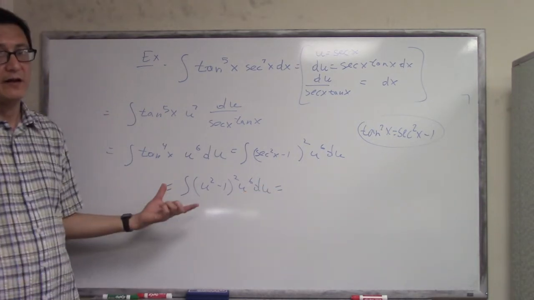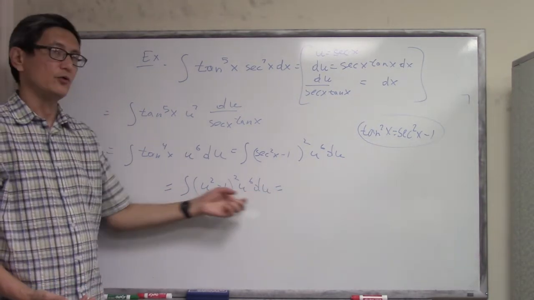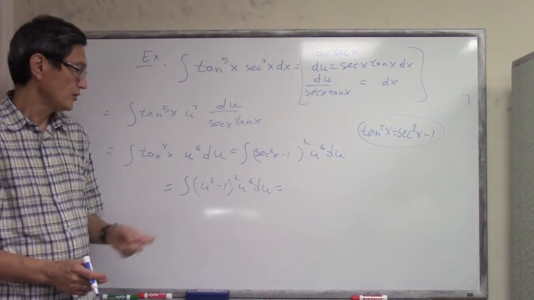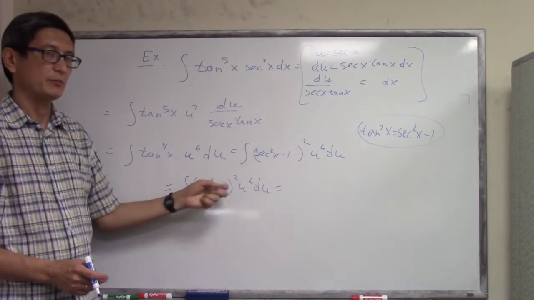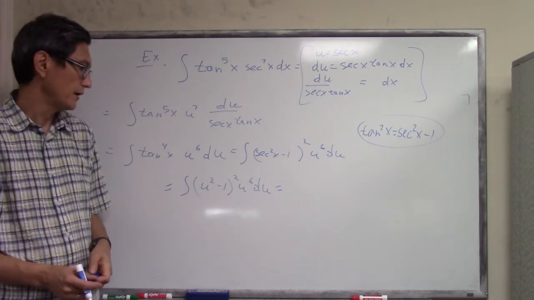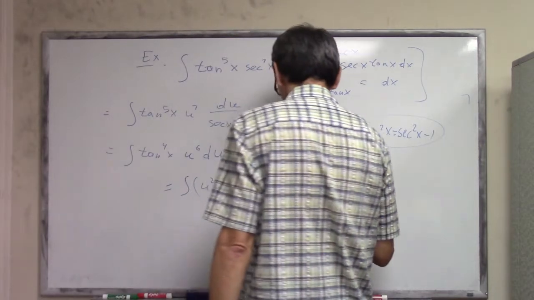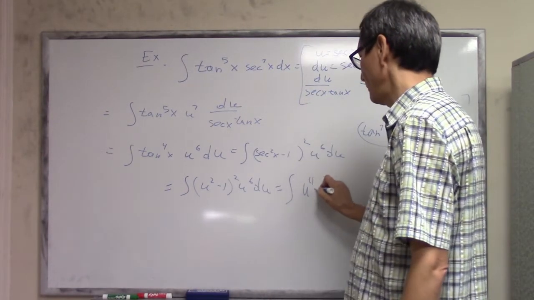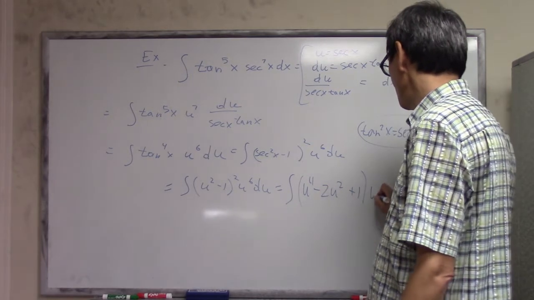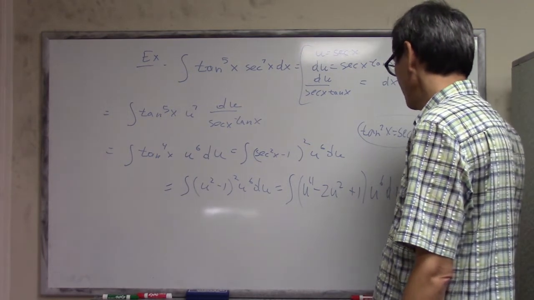Finally, we finish our u substitution. So we have an integral in terms of u. Now we're going to finish it. Raise u squared minus 1 to the second power. Square it properly. So if we do that, we're going to get u to the 4 minus 2u squared plus 1 times u to the 6 du.